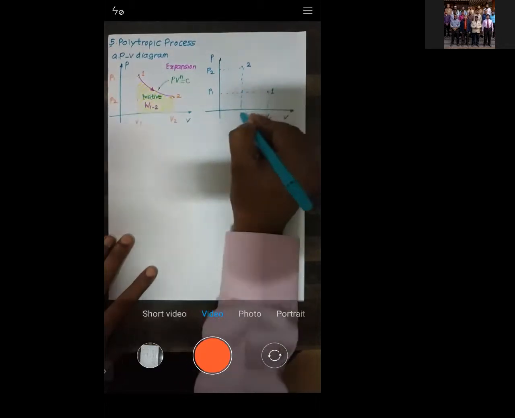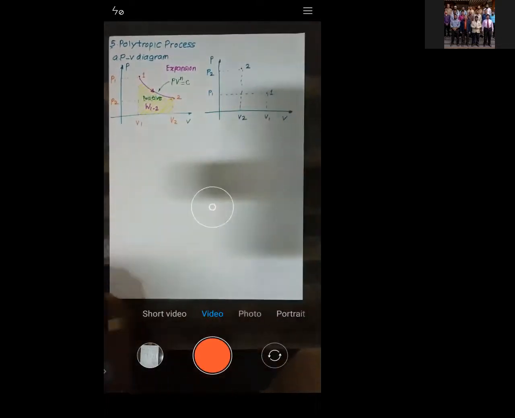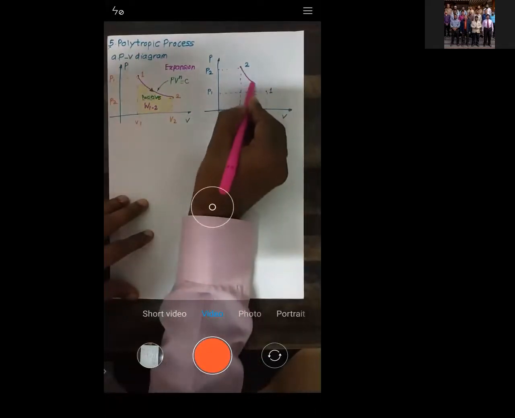When you move from point 1 to point 2, your pressure increases but your volume decreases.